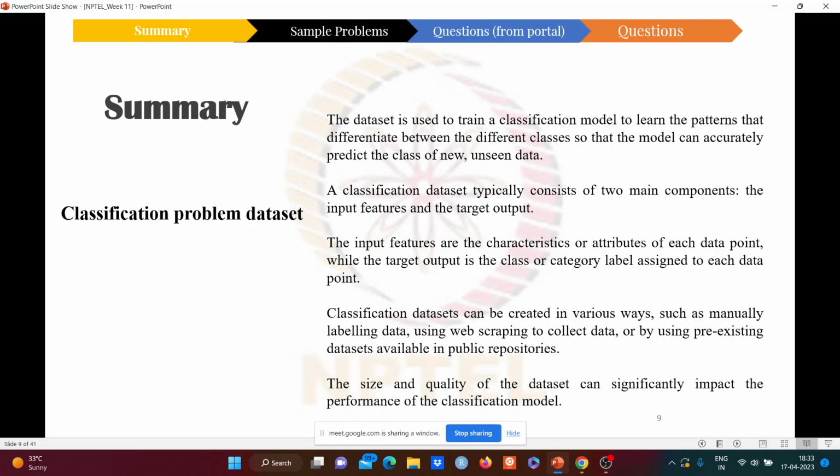It is important to choose a high quality and representative dataset for training a classification model to ensure that the model can accurately generalize to new and unseen data. Here, the size and quality of the dataset can significantly impact the performance of the classification model.